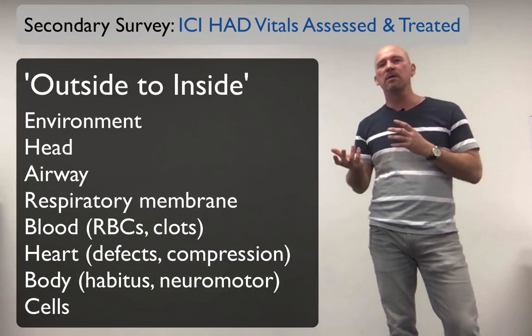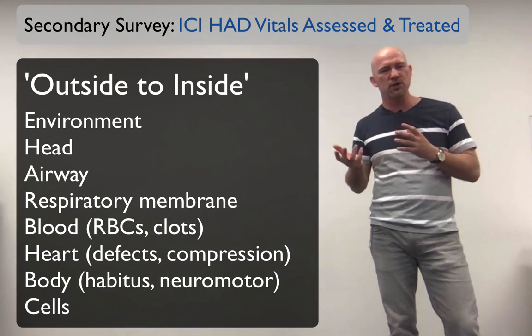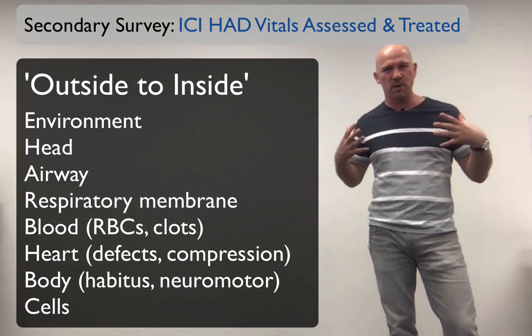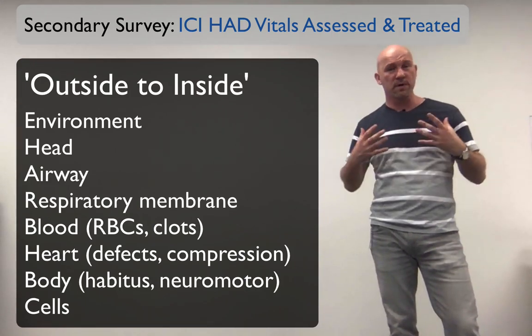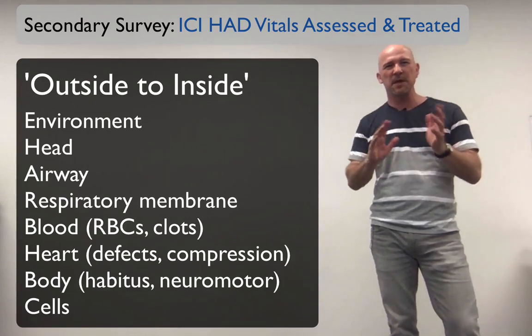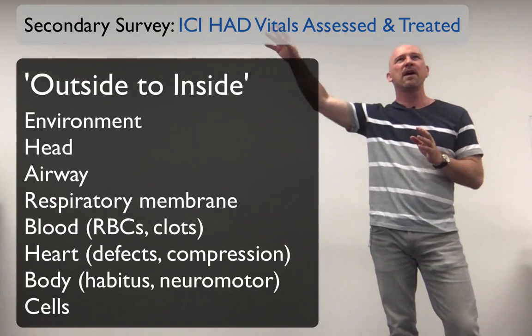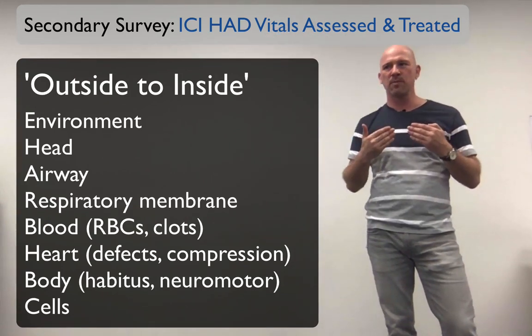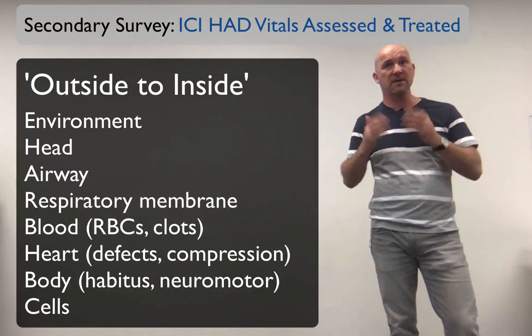I'm going to be thinking about a tension pneumothorax. Going to be thinking about really profound asthma and, you know, alveolar hyperventilation, so an overinflated chest. And doesn't seem to be any of that, and there doesn't seem to be any heart problems. Okay, so I've got environment, I've done head, I've done airway, I've done respiratory membrane, I've done blood, I've done heart. That's all pretty good.